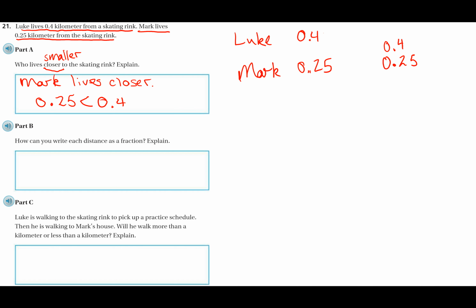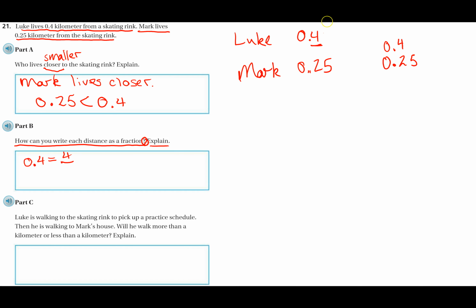How can you write each distance as a fraction? Explain. Okay. Again, we need to look at both distances and look at their place value. So we have a 4 in the tenths place. So 0.4 equals 4 tenths, if you read the number correctly.